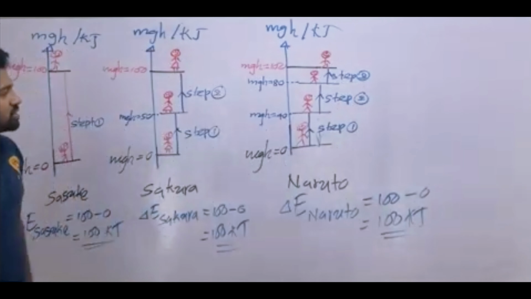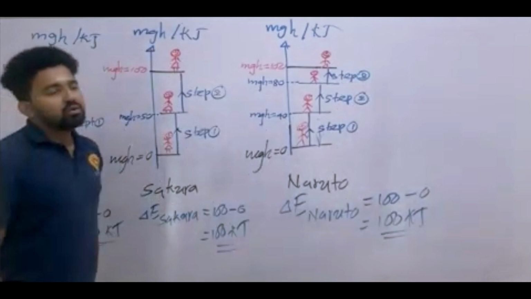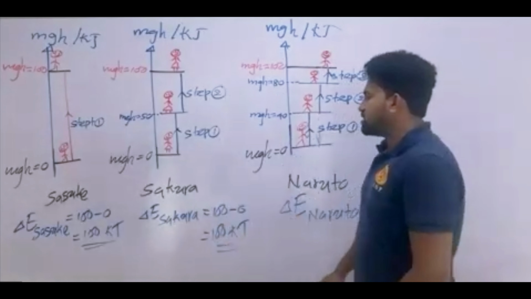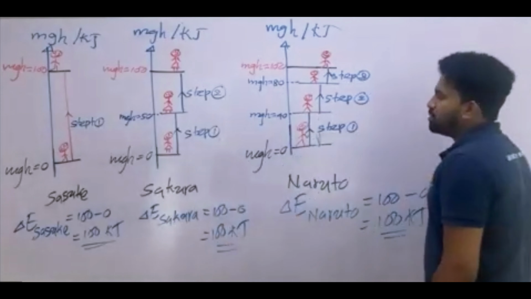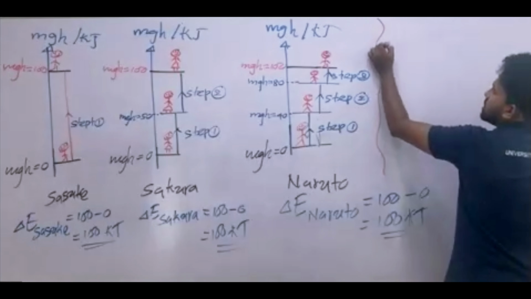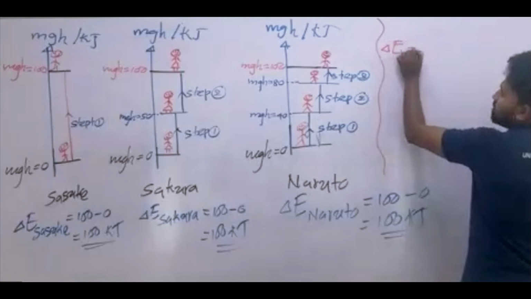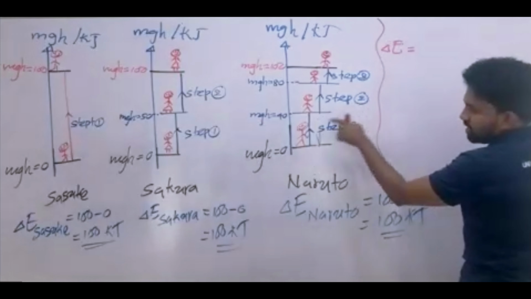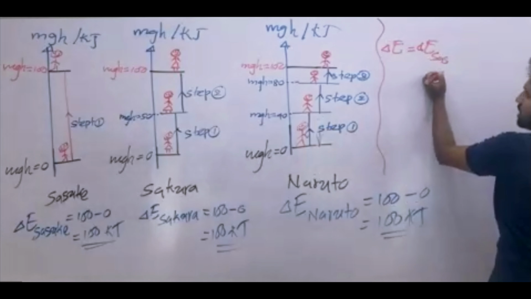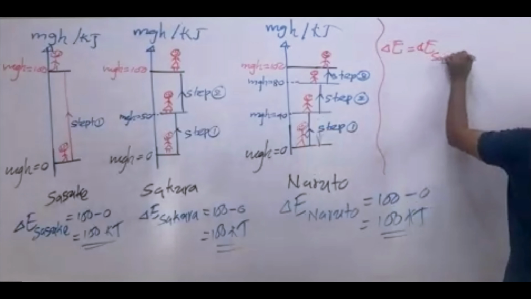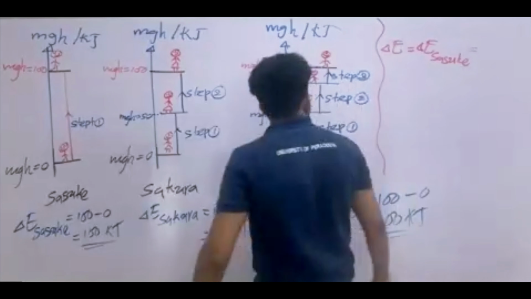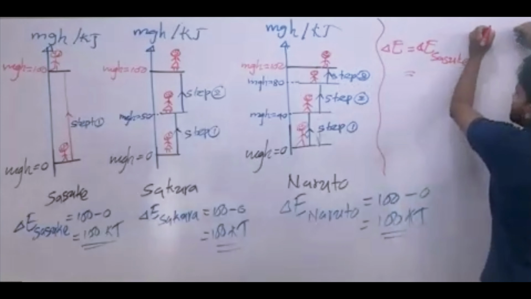And there is another box. Now I am going to move to that one. Potential energy as a state function. What can we write down in that box? Delta E is equal, delta E Sasuke is equal, right?